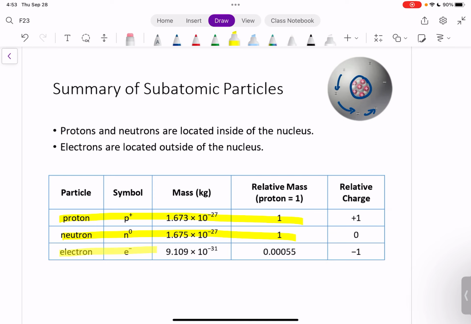Whereas for electrons, the relative mass is 0.00055. That's a lot lower, right? So that's why we always say that what accounts for the mass of an atom is really just the protons and neutrons. This number is so small that we really kind of just negate it. Okay, but it is there.